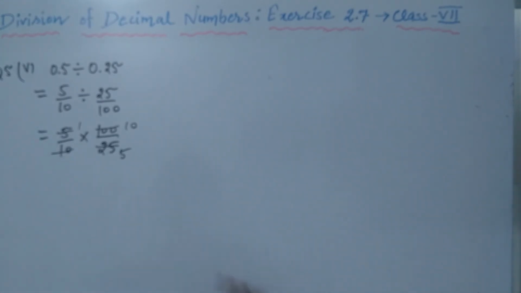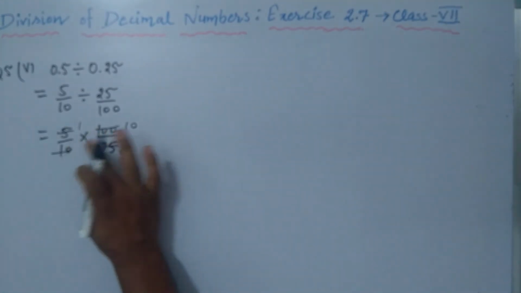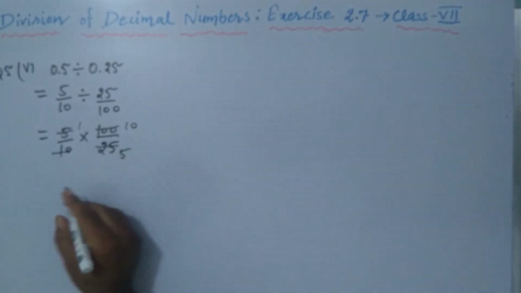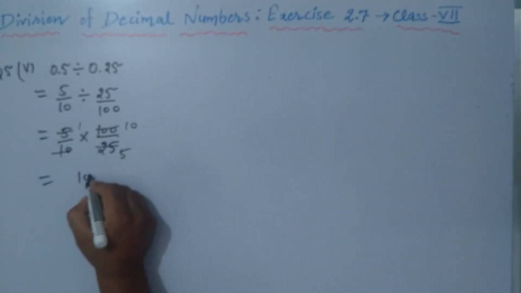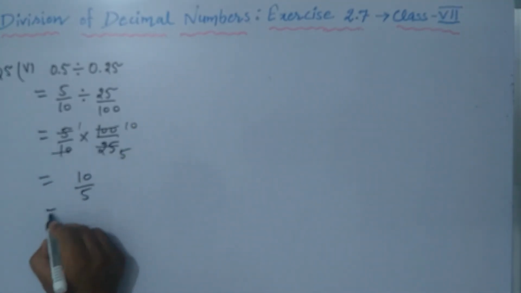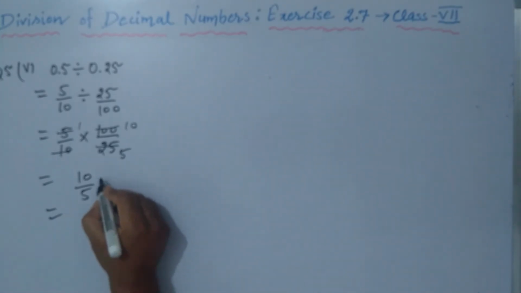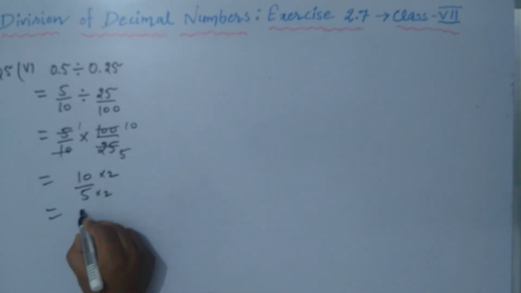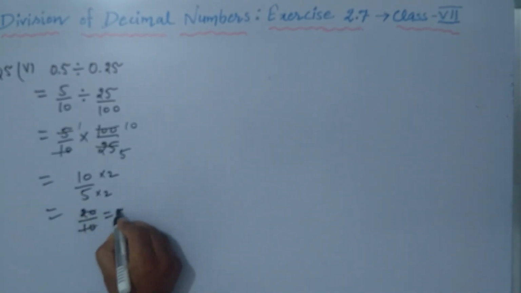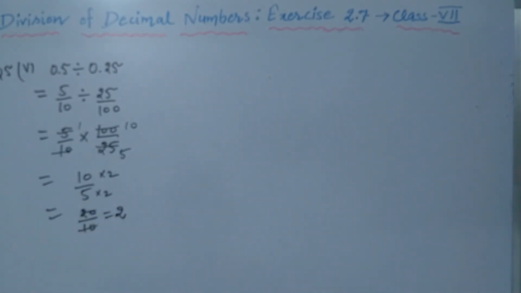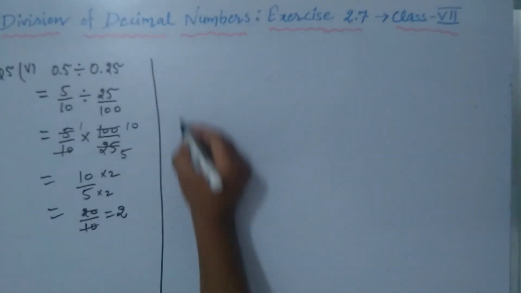So we can say, otherwise we can say here this is 10 upon 5, or this is into 2 into 2, 20 upon 10, that is equal to 2 is the final answer.